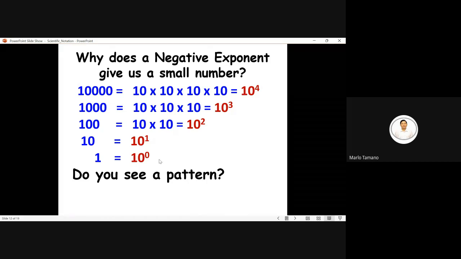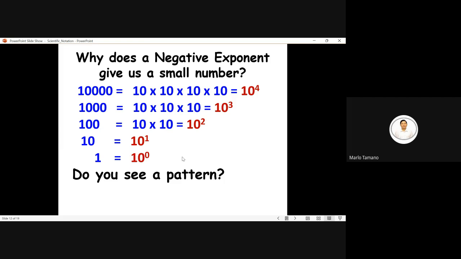Do you see a pattern from those examples? 1 is equal to 10 to the 0. 10 is equal to 10 to the first power. 100 is equal to 10 times 10, and that is equal to 10 squared. The exponents are increasing. Naintindihan? Nag-i-increase ang exponent: 0, 1, 2, 3, 4.